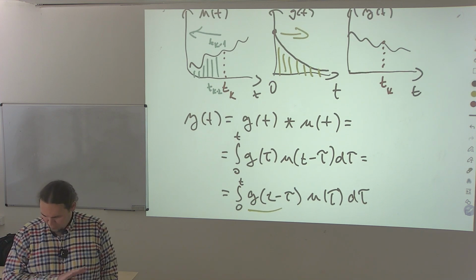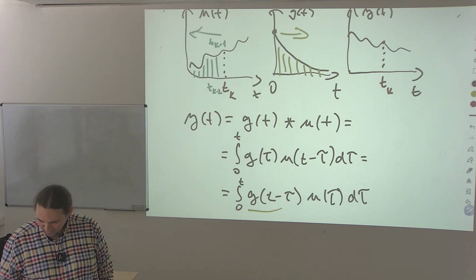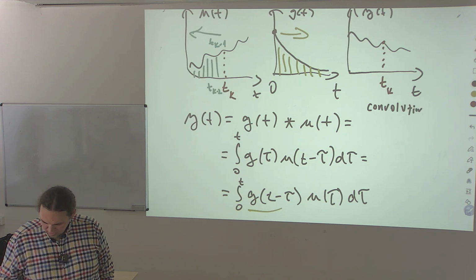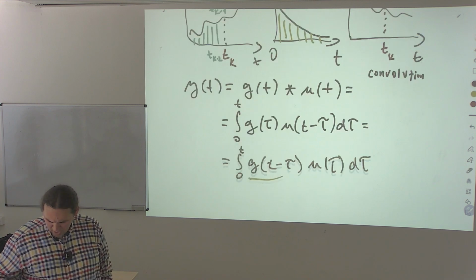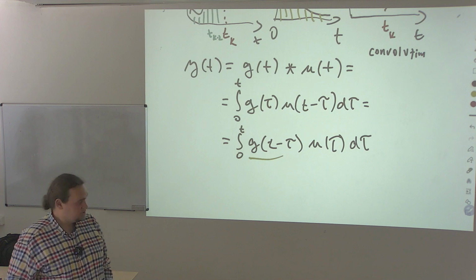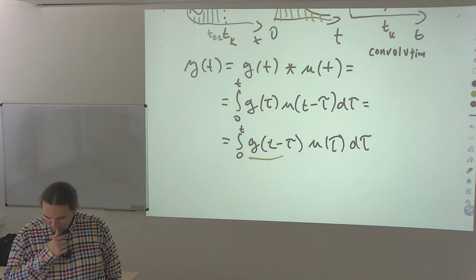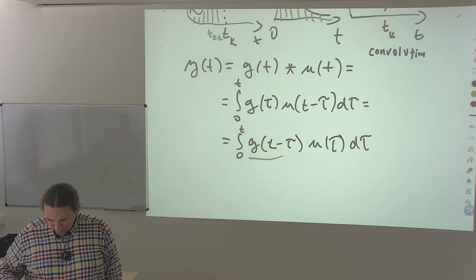So if you buy this, it has tons of applications. There are even convolutional neural networks. Let's just write this is convolution, which has tons of applications in image processing, but of course in control, in modeling. So now this will be a sort of idealized, even infinite impulse response model.